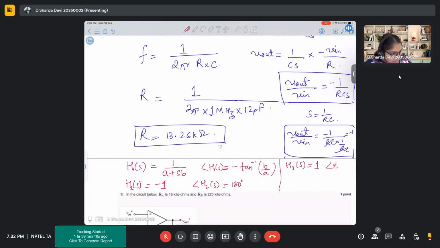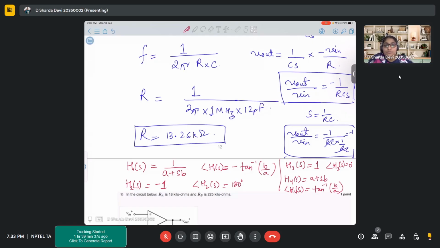Then what is the phase? 0 degrees. Now let's say h4 of s is the same, a plus sb, but it's in the numerator. So how do you write the phase of h4 of s? Tan inverse b by a. So that's how you write the phase for your system.